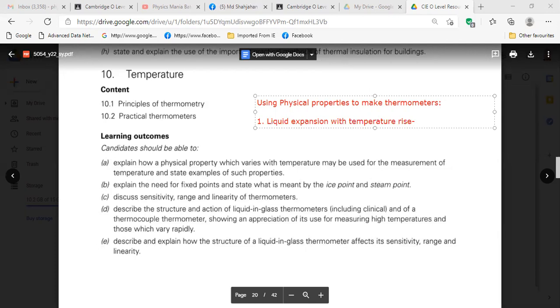Where we use it: alcohol thermometer and mercury thermometer.